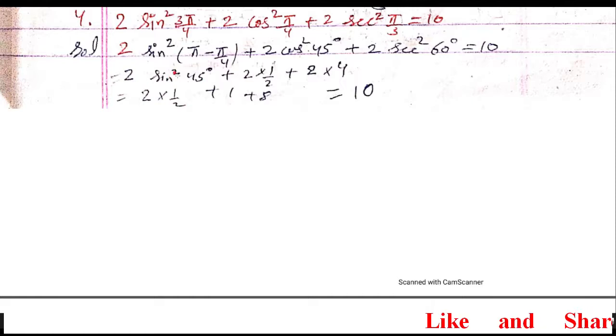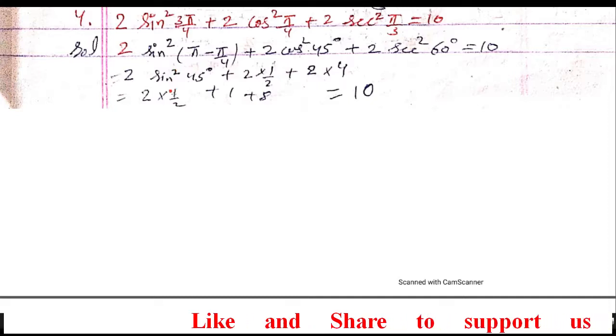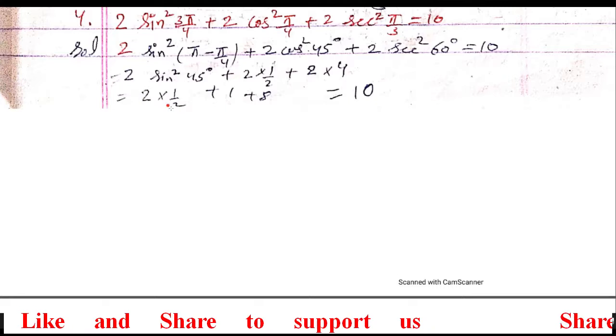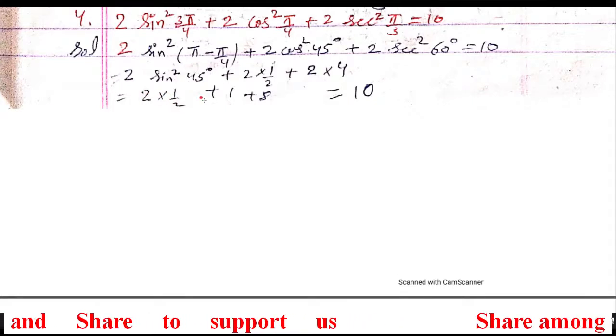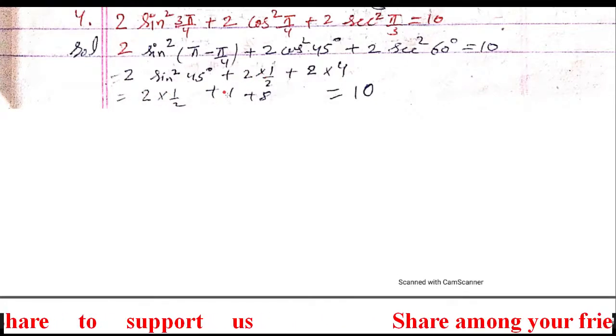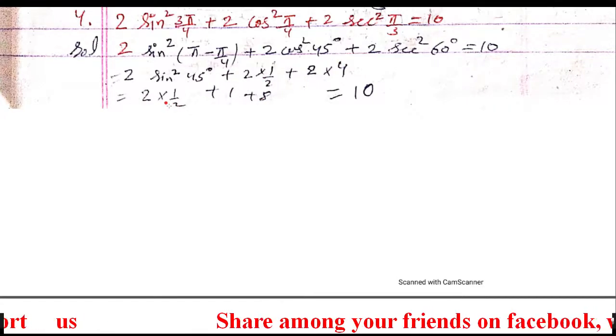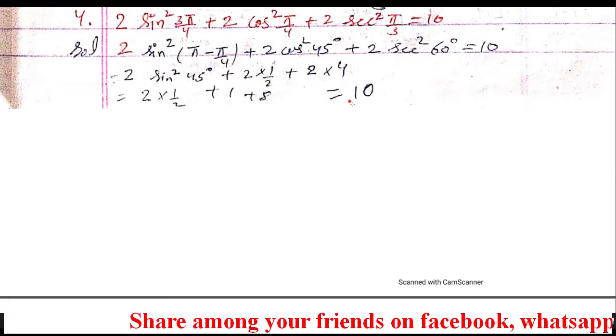In the next step, sin square 45, and what is sin 45? 1 upon root 2, and 1 upon root 2 square you will get 1 upon 2. So 2 multiplied by 1 upon 2 will cancel, you will get 1, and here also it got cancelled, so you achieved 1. 2 4s are 8. So 8 plus 1 is 9, 9 plus 1 is 10. That's why we got 10.